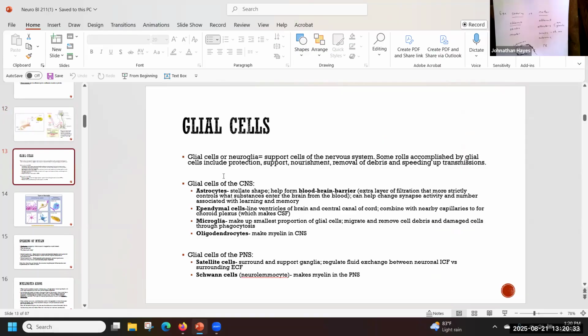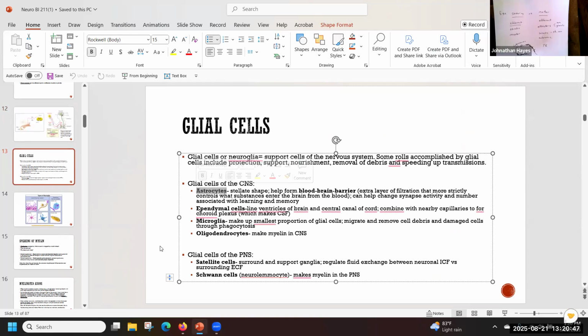Glial cells, not a lot to say here. Make sure you memorize them. They're easy to ask about. Which ones clean up spaces, which ones form the blood-brain barrier. That certainly might come up in your pharmacology class, because sometimes you have to design drugs that can bypass the blood-brain barrier. Which ones form myelin?